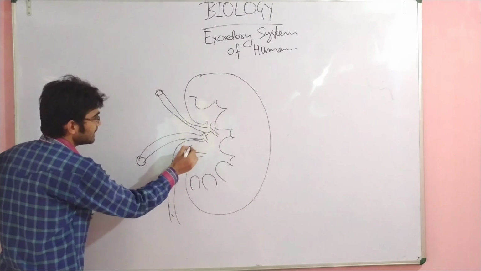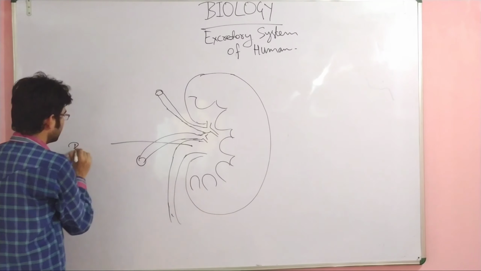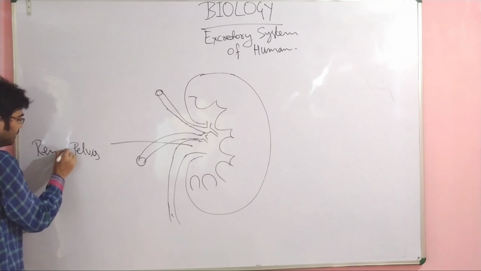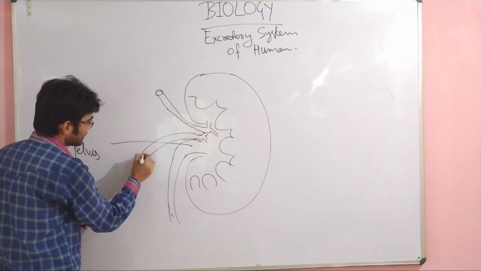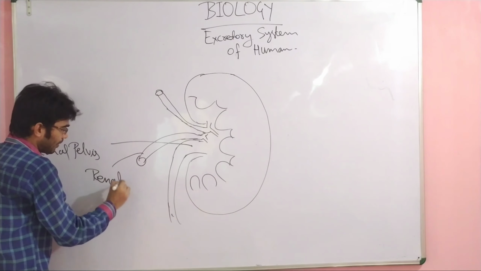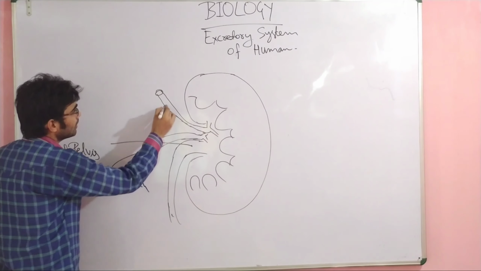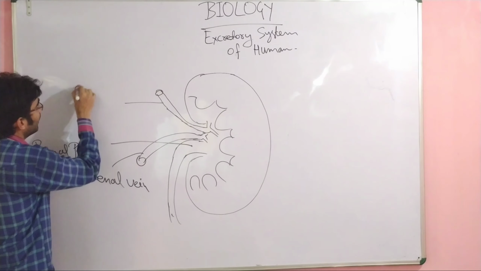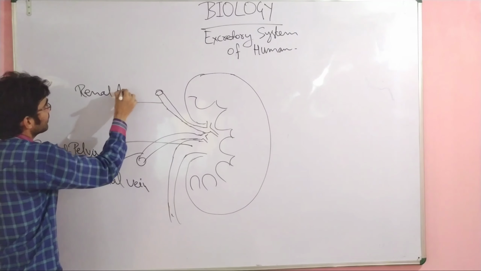So this region is the pelvis, or simply it is called the renal pelvis. This vessel is a renal vein. This vessel is a renal artery.